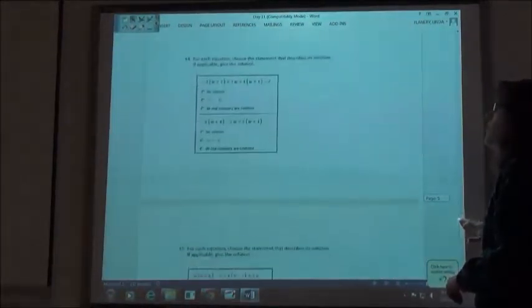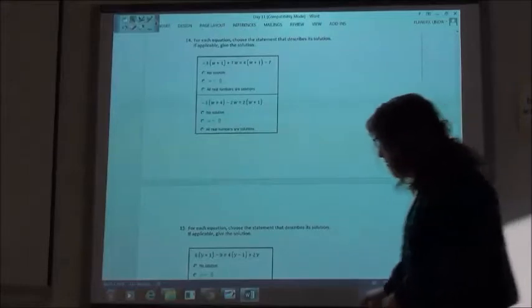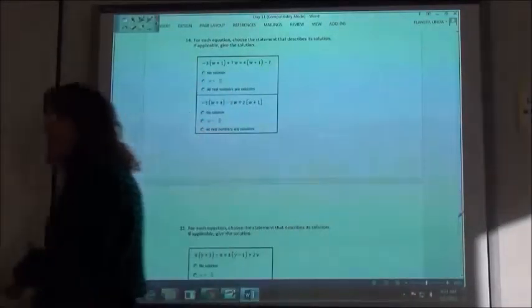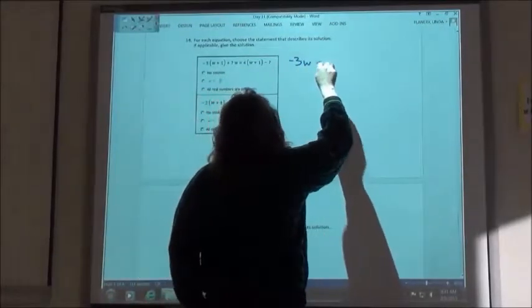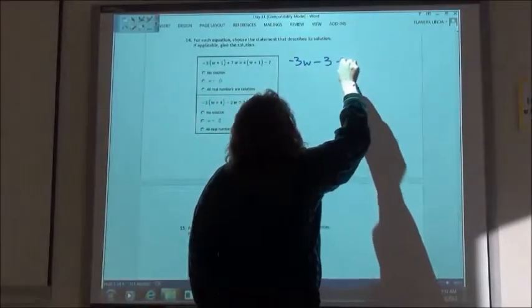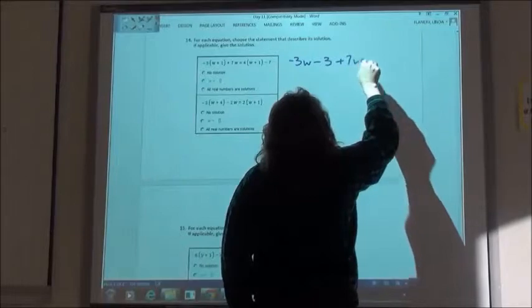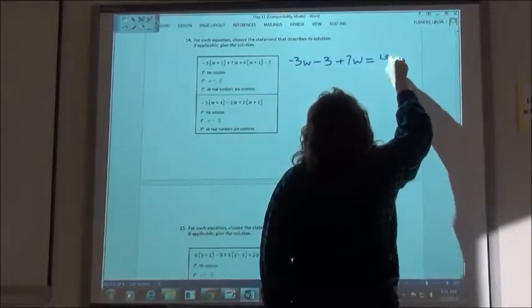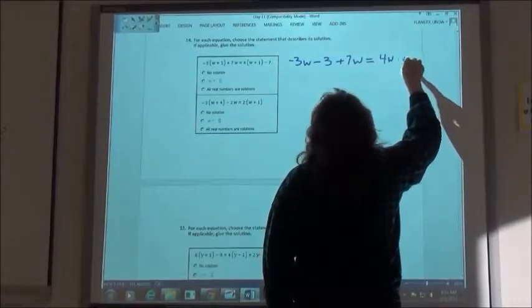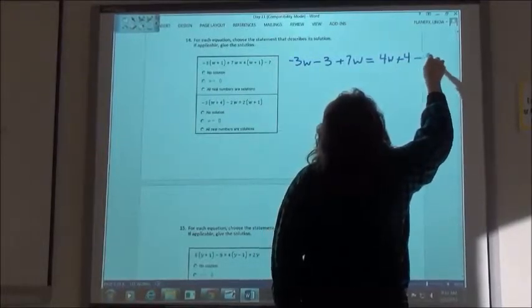So, number 14, same thing. Got to get rid of our parentheses. So if we do the top one, negative 3W minus 3 plus 7W equals 4W plus 4 minus 7.